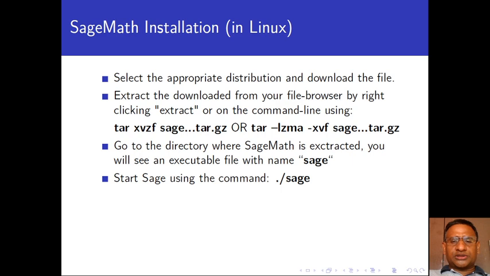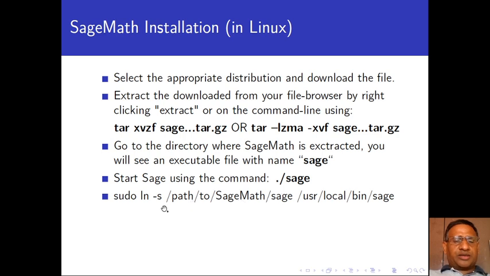In case you want Sage to start from anywhere in your terminal, you can make a soft link using the command ln -s, then give the path to the SageMath directory, followed by /usr/local/bin/sage, and then you can start Sage from anywhere.